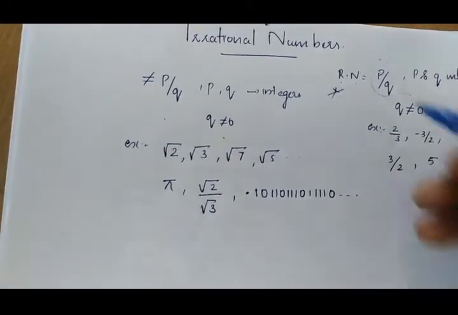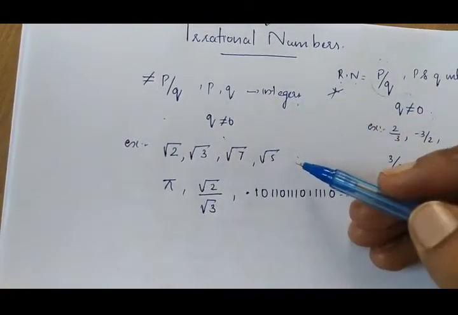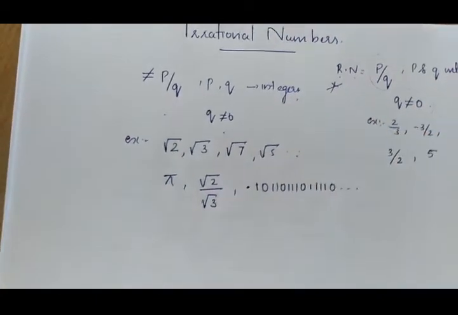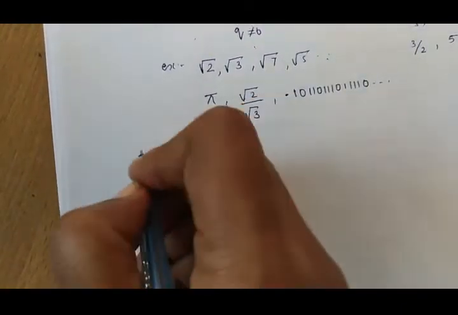Okay. Here we discussed what an irrational number is and what the examples for irrational numbers are. Let's go to a theorem.